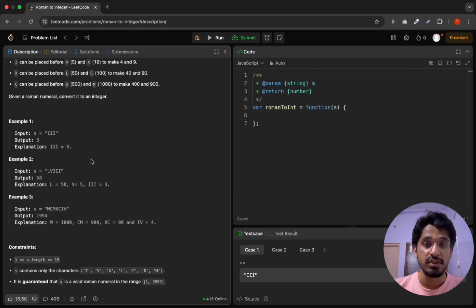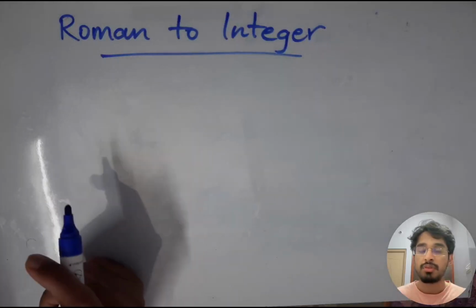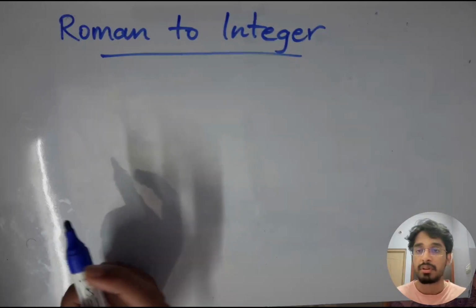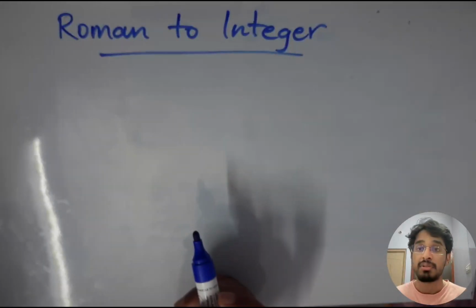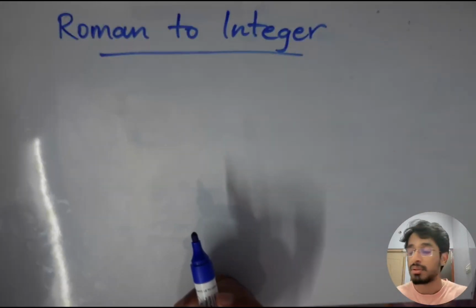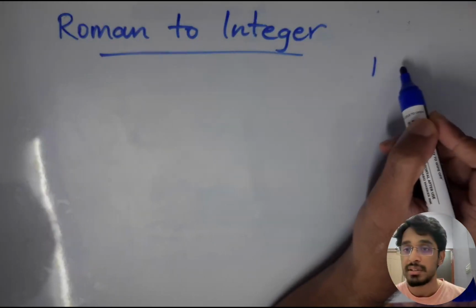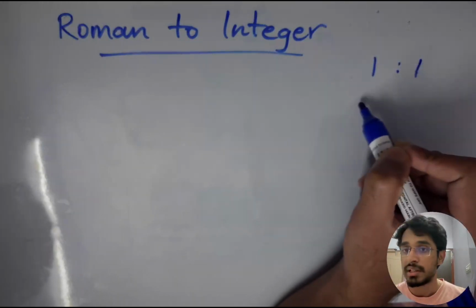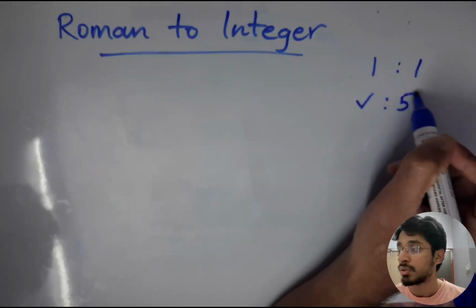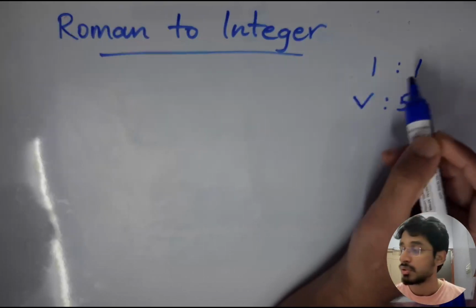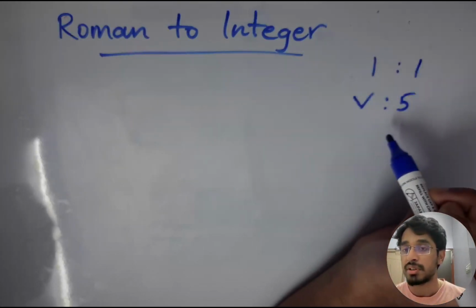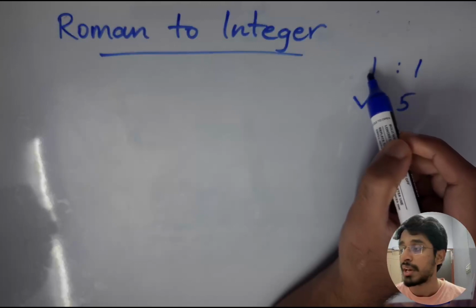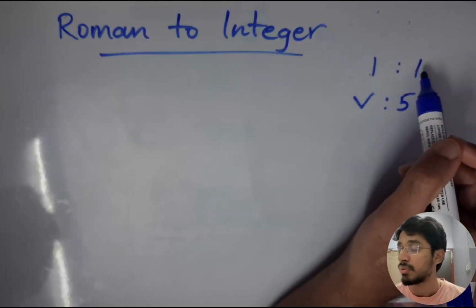So how do we solve this? So to solve this problem, we need to first create a map over here. Okay, so map which holds the particular value of the particular Roman number. So the value of I is 1. And then V is 5, as you know, it's also given in the problem statement. So we just need to create a JavaScript object over here and then access for which character, that is I over here, and what is the value of that.